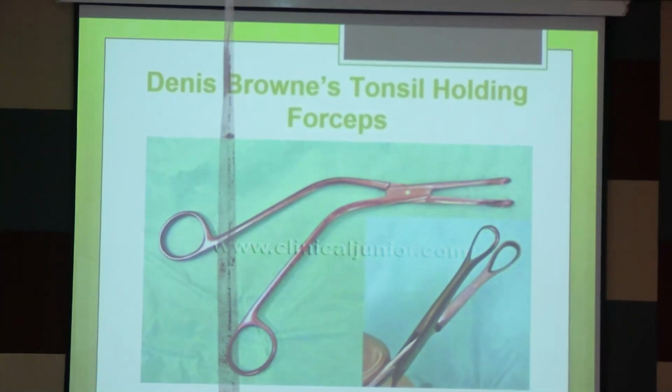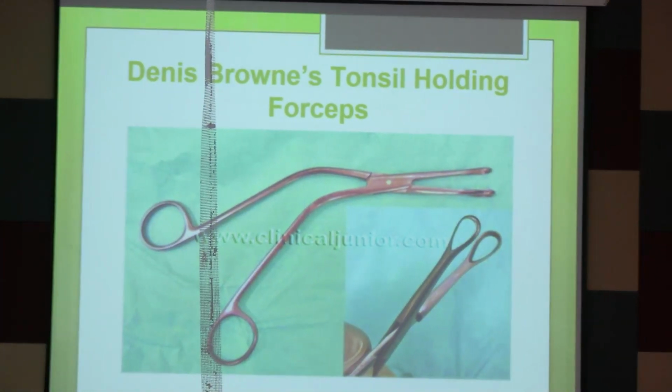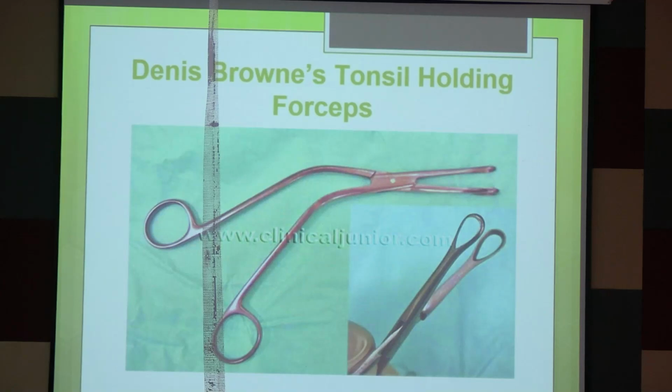If we hold and pull the tonsil, then we can operate on the tonsil, right? So this is a very, very important instrument, okay? Tonsil holding forceps. How to identify it? These two blades are more or less slightly different in size, okay? So that we can have a better grasp, right?